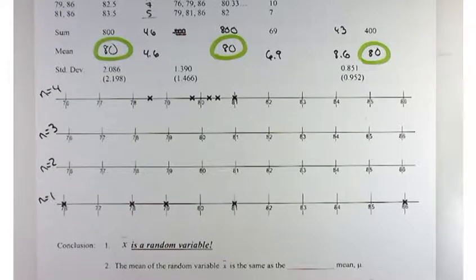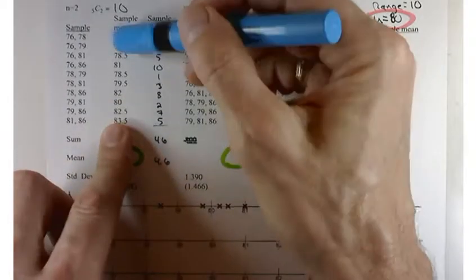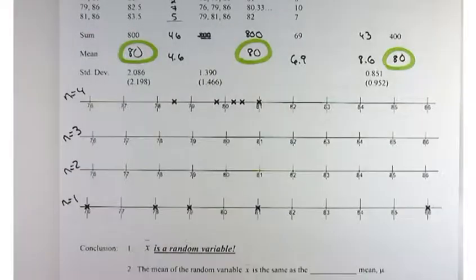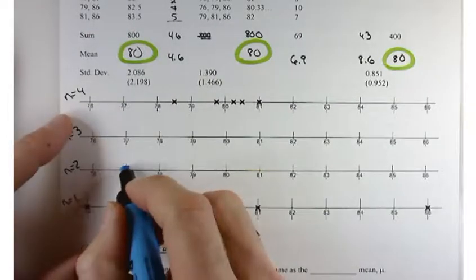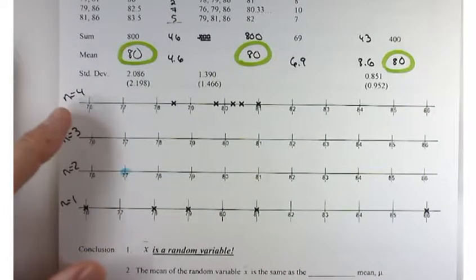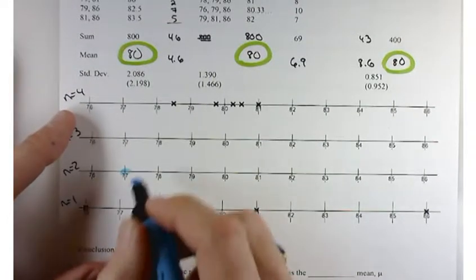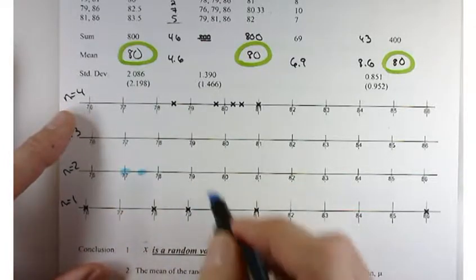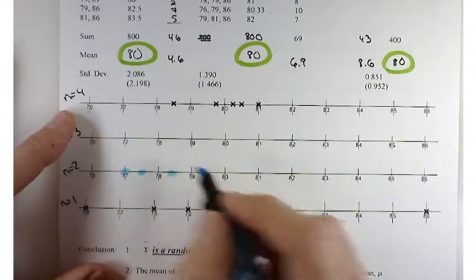So earlier in the book, something like this would have been called a dot plot. We're going to do a dot plot for our current set of data here, which is this distribution of sample means. So the first one is 77. So I'll put a little dot there. Then I've got one at 77.5. There's one at 78.5.